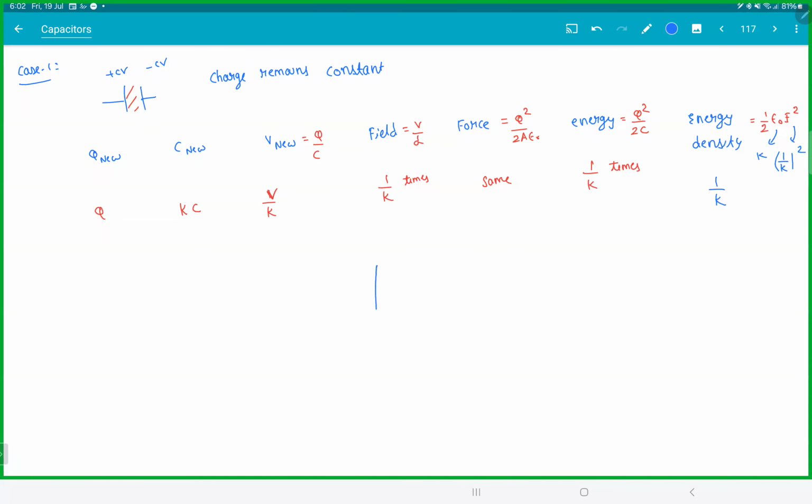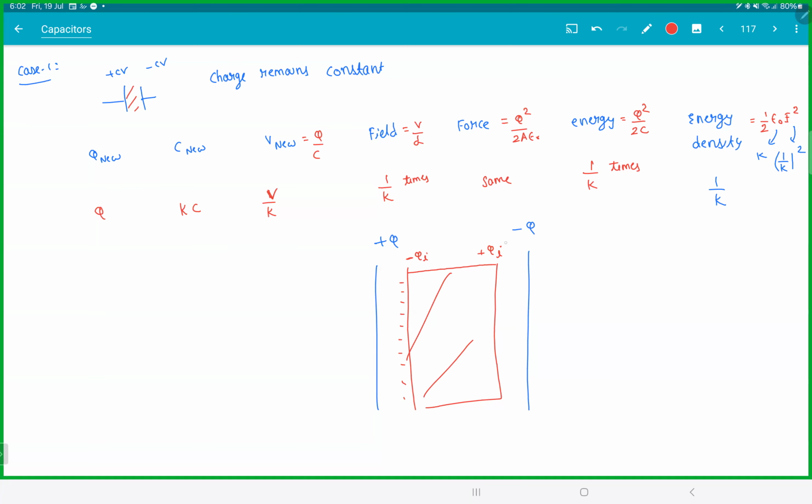People are getting confused now. This is plus Q, this is minus Q. This is minus Q induced.